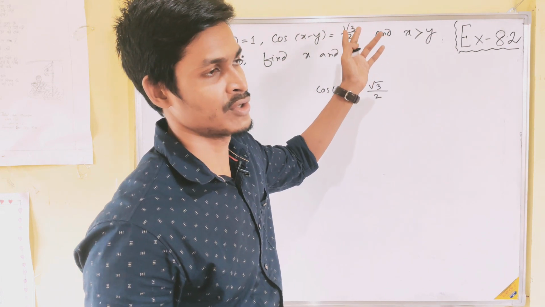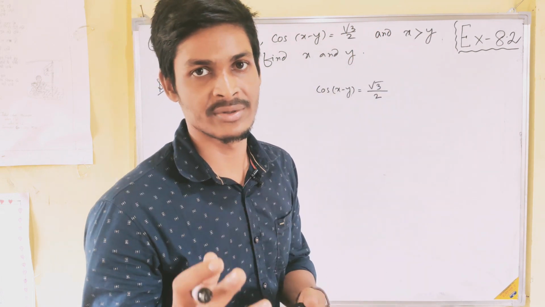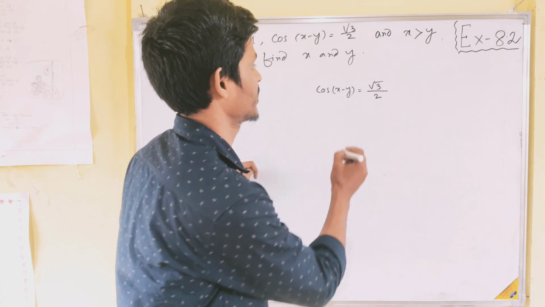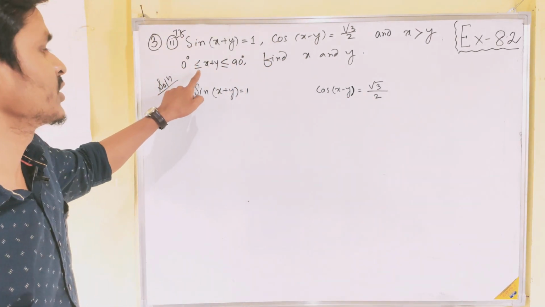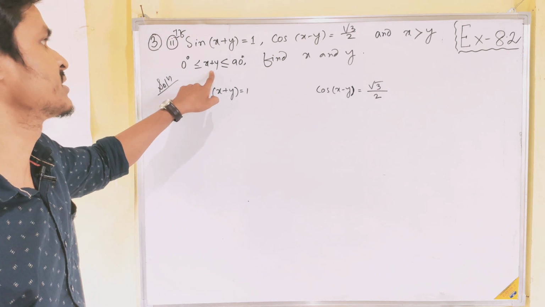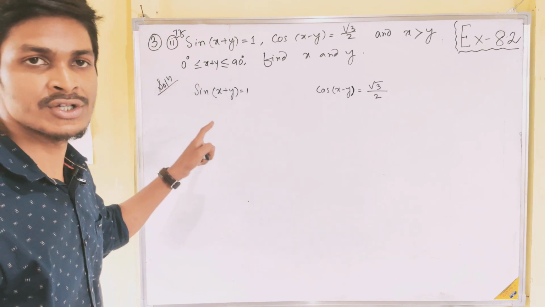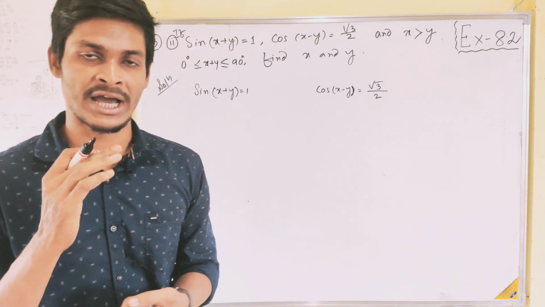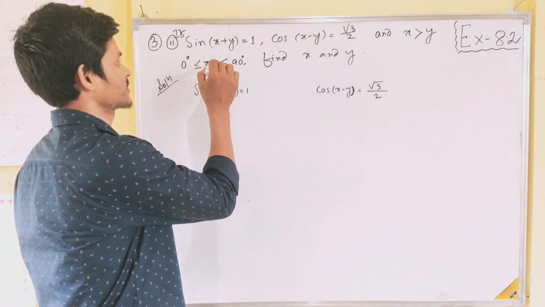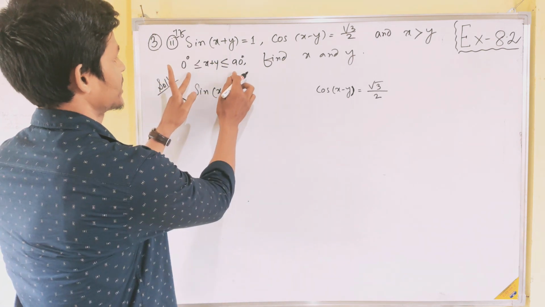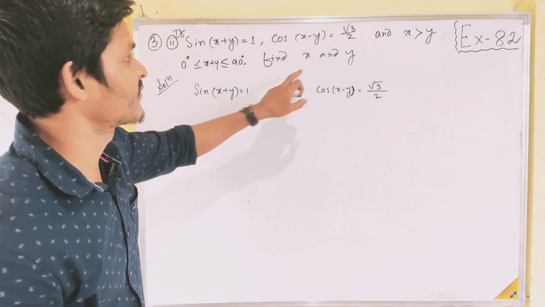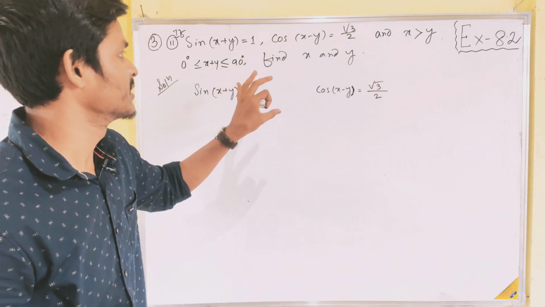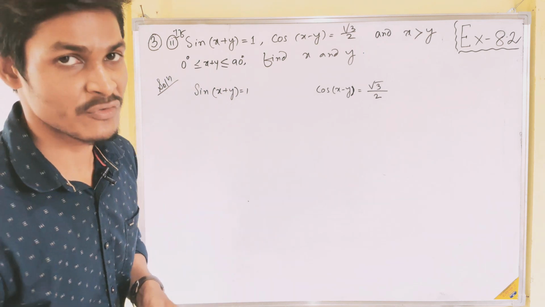In the earlier question it was a greater than b, here x is greater than y, that's why the angle is x minus y, and 0 degree less than or equal to x plus y, which means the value of x plus y must be in the range from 0 degree to 90 degree. Find x and y. So from these two conditions you are to find the values of x and y.